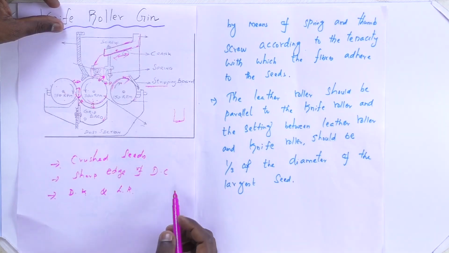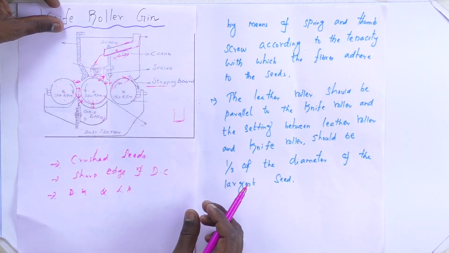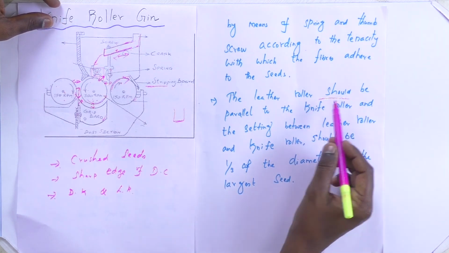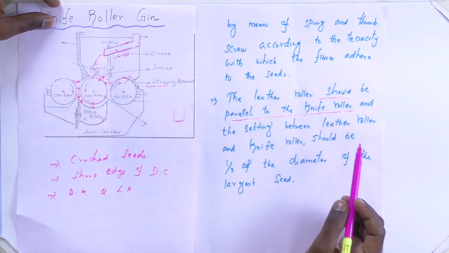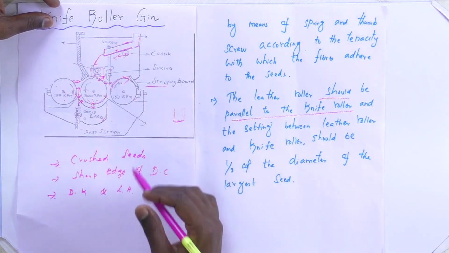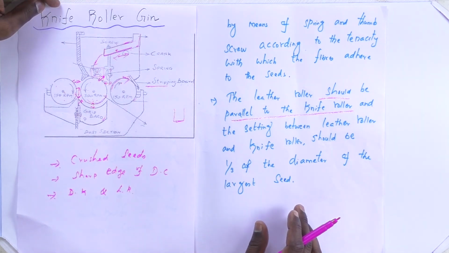If the pressure is more, the gripping of fibers by the leather roller may get affected, and the leather roller should be parallel to the knife roller so the process may run in a smooth manner. These are the important setting points while setting the knife roller ginning machine.